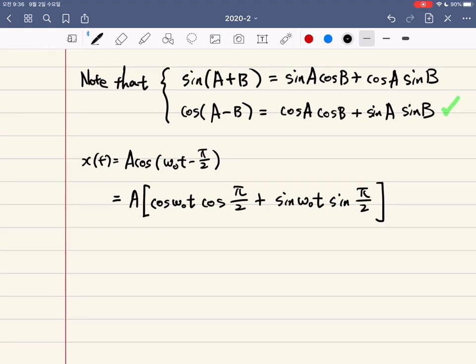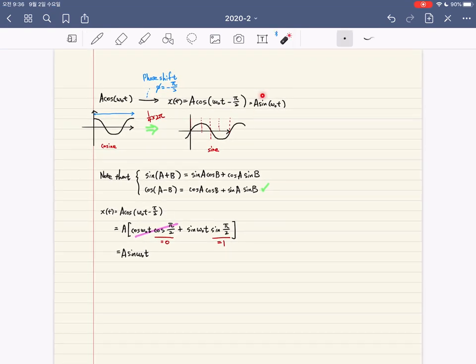You can get this equation, and you know that cosine of 90 degrees equals 0. So you get this whole term removed, and you can say that sine of 90 degrees equals 1. Therefore, you get large A times sine of omega 0 t. And obviously, you get the same answer here.